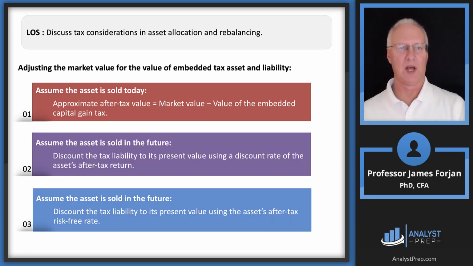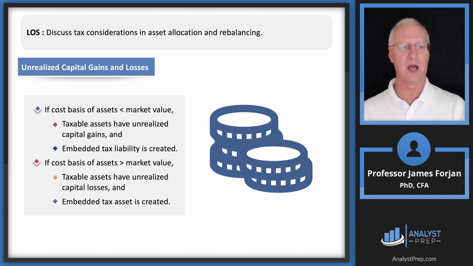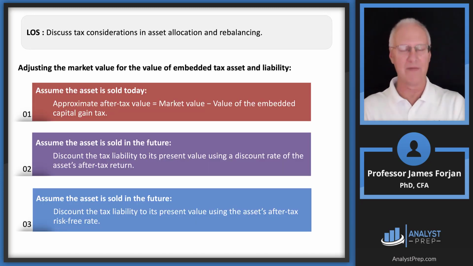Now, how do we adjust the market value to consider what that expected tax asset or tax liability might be today? If we go back to the previous slide, almost never will the cost basis of the asset equal the market value of the asset. So we need to plan. The Institute says, all right, let's plan for the future.